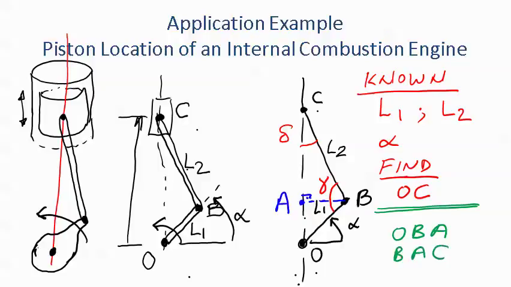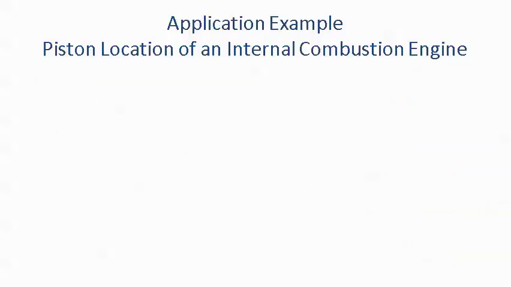We will use this information to our advantage in finding the distance OC, because the distance OC now becomes equal to the distance OA plus the distance AC. Again, redrawing our schematic.